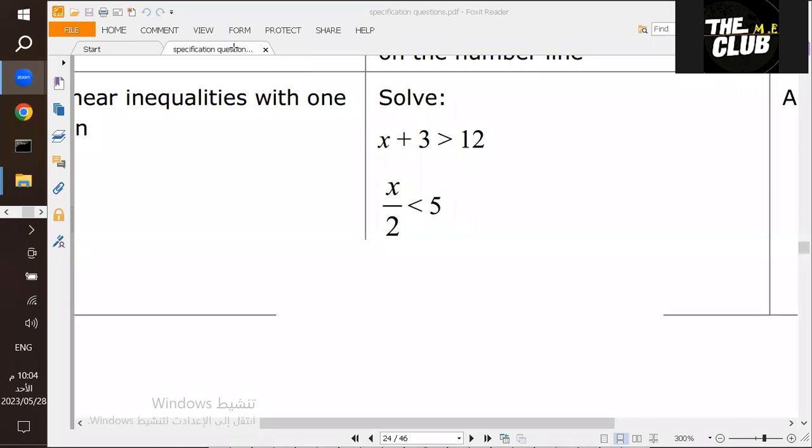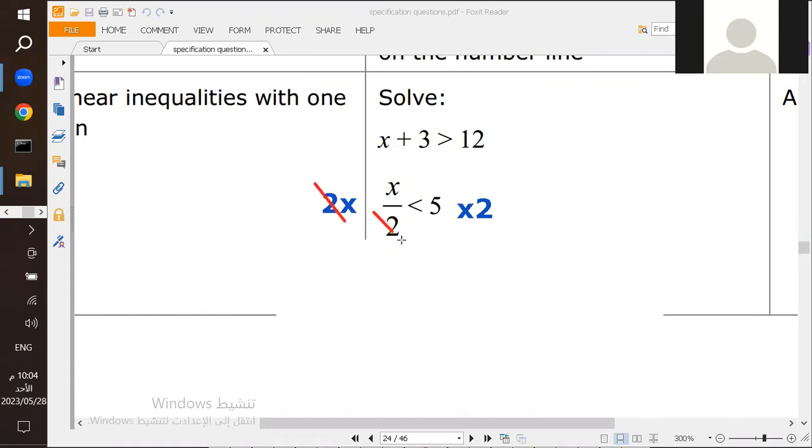The first step I did was to take this to the other side, which means I multiplied both sides by 2. So I multiply here by 2 and here by 2. When I multiply by a positive number, I don't flip the sign. When I multiply or divide by a negative number, I'm going to flip the sign, in any step. This one becomes 10.